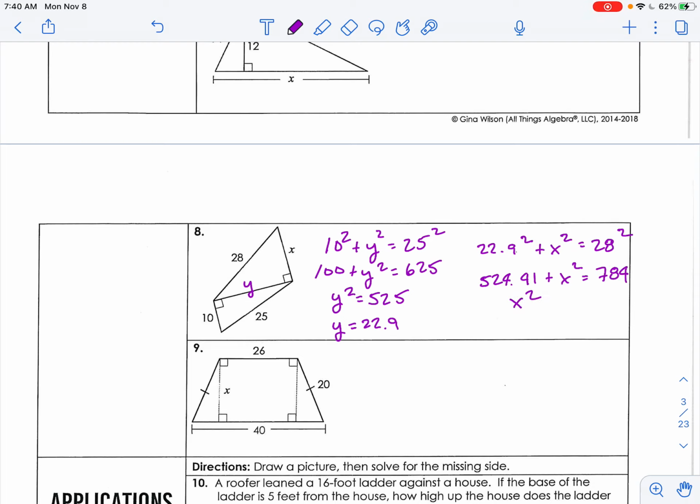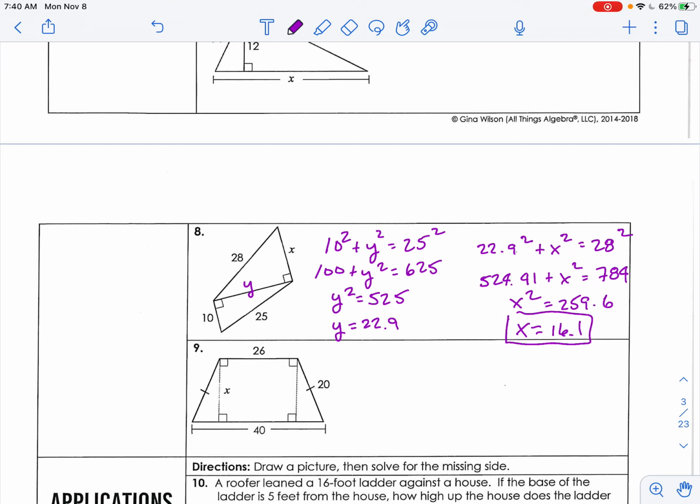If I subtract, I get x squared equals 259.6-ish. And if I take the square root, I get an x value of 16.1. I'm less interested in the arithmetic and the algebra, and more interested that you know for this particular problem, you have to create your own problem there and figure out that distance.